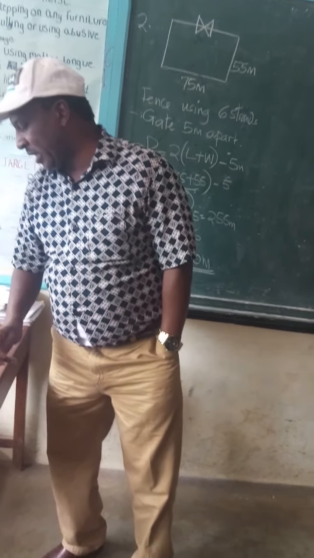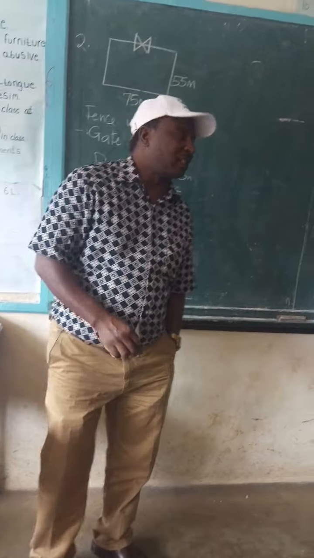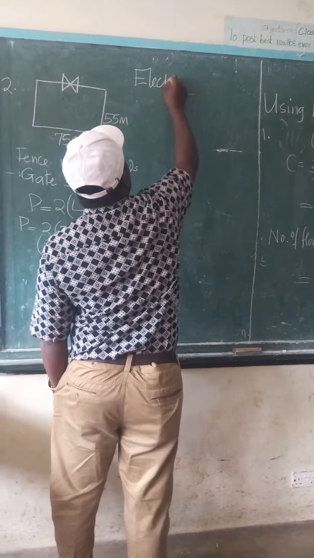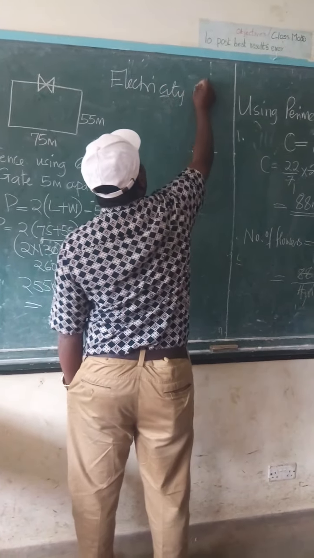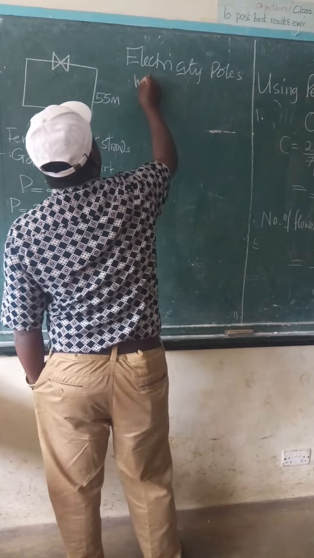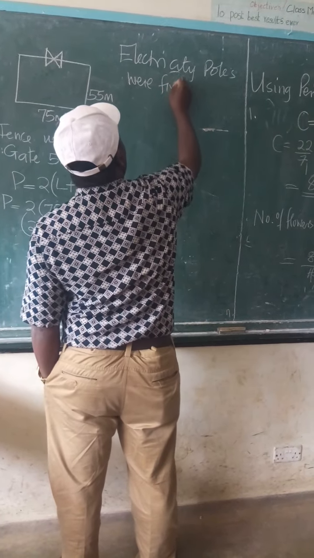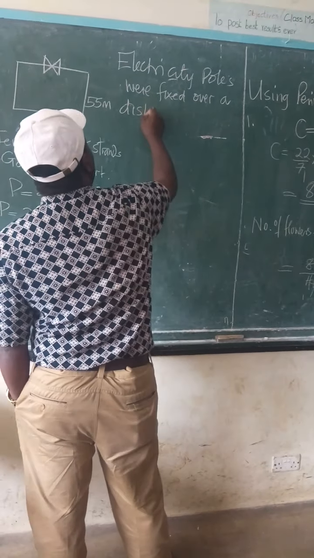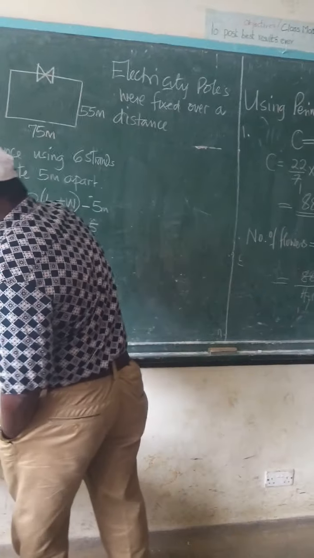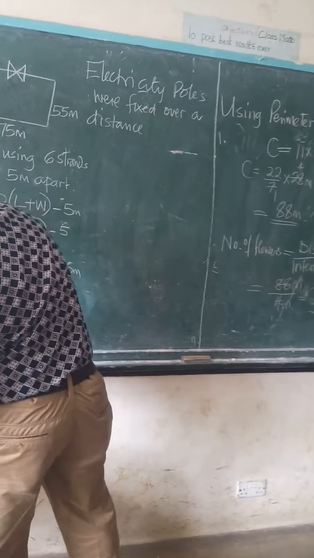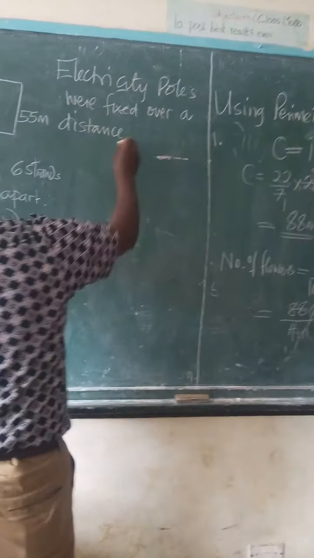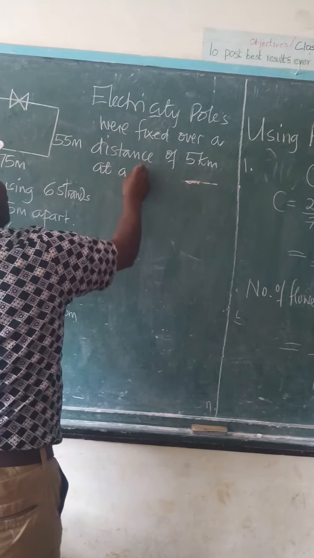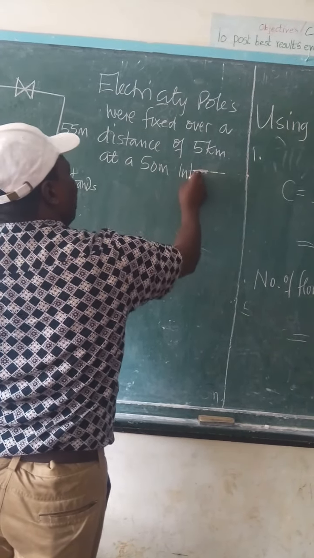This one is working on a straight line. The question is: electricity poles were fixed over a distance of 5 kilometers at a 50-meter interval.